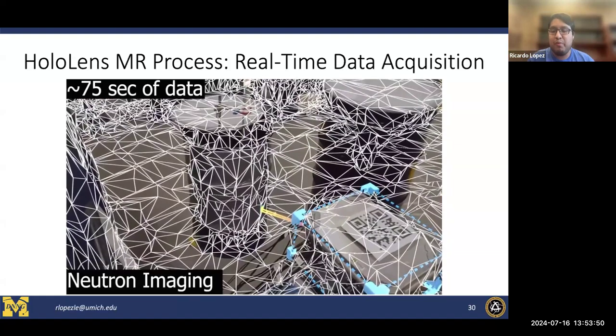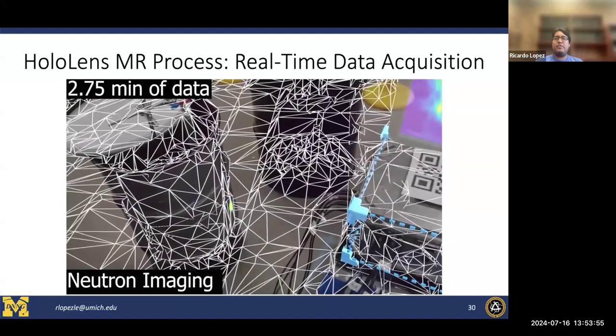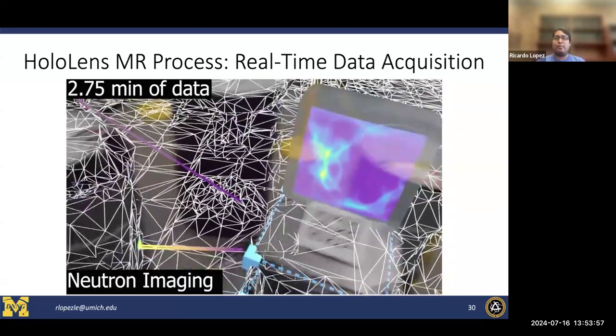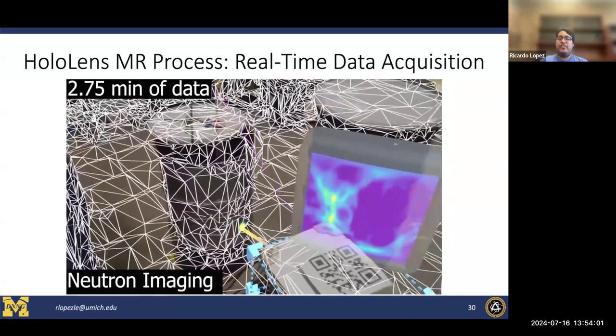It will basically move around this barrel off to the left-hand side. But as we get more statistics and more imageable events, come the roughly 3-minute mark, we have fairly well converged on that particular barrel. Thus, we would have some confidence in saying that there's probably a neutron source placed within that container.